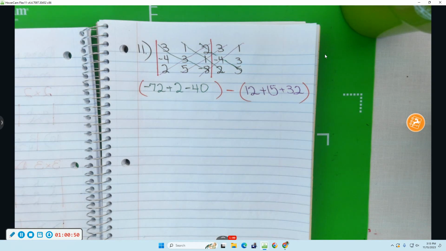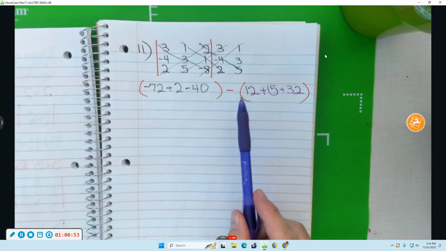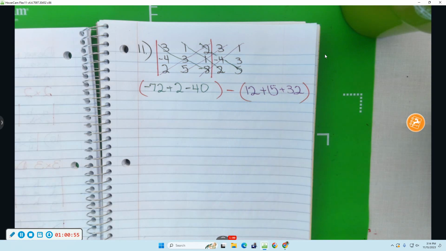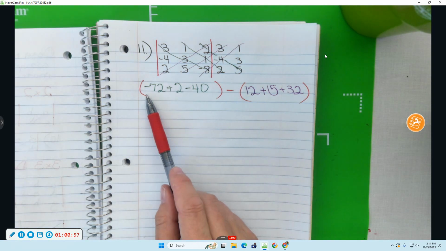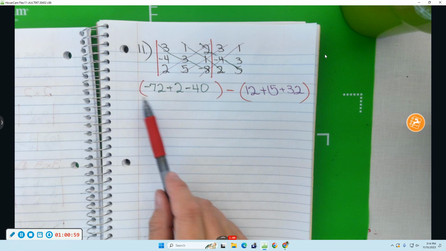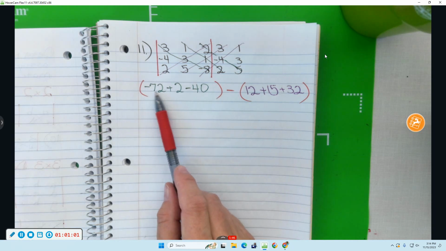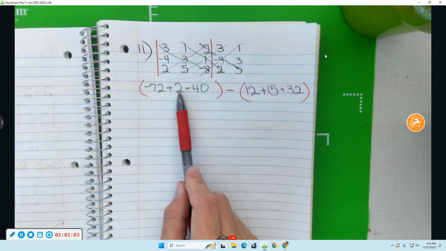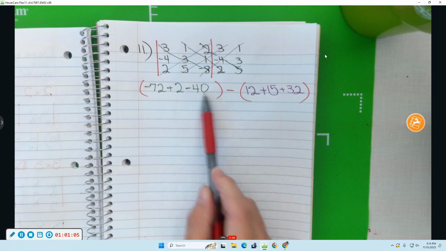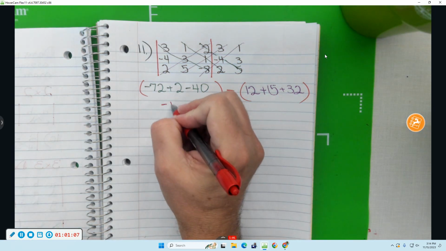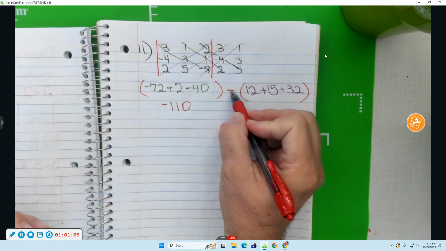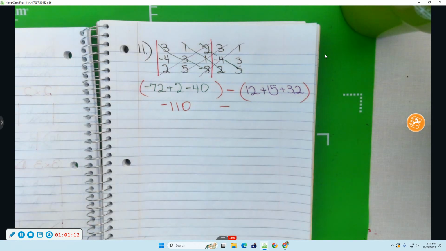I'll see people that go through and distribute the minus. I don't do that. I simplify. First of all, let's simplify inside the first set of parentheses. Negative 72 plus 2 is negative 70. Minus 40, I'm getting a negative 110, minus that red minus from the formula.